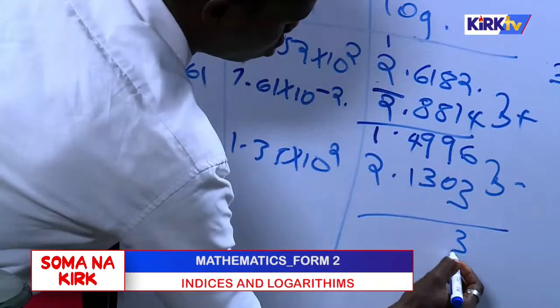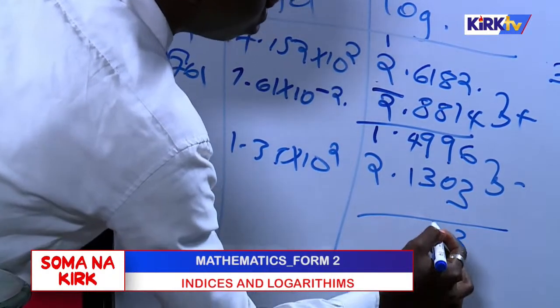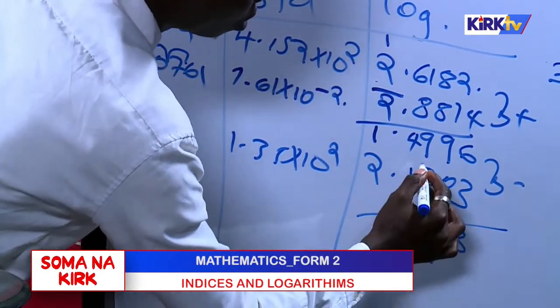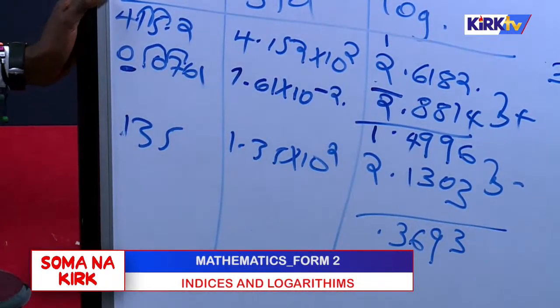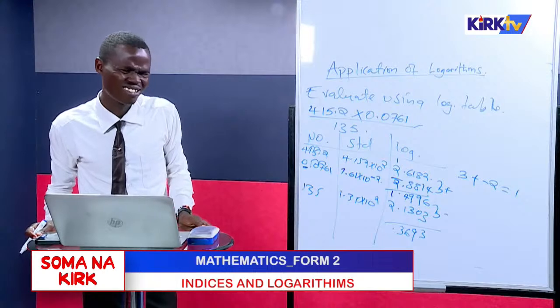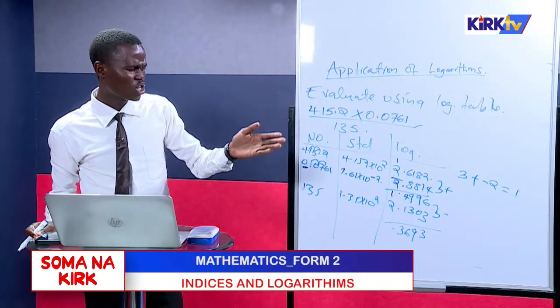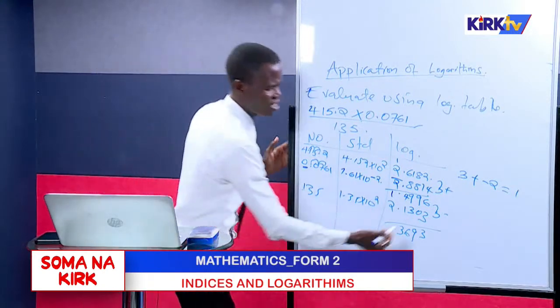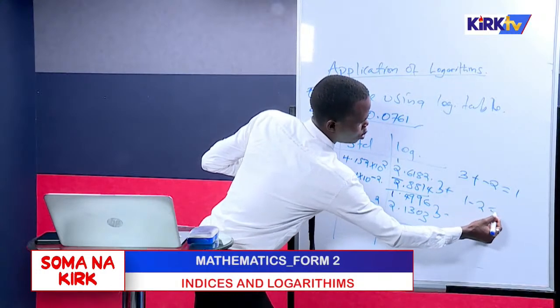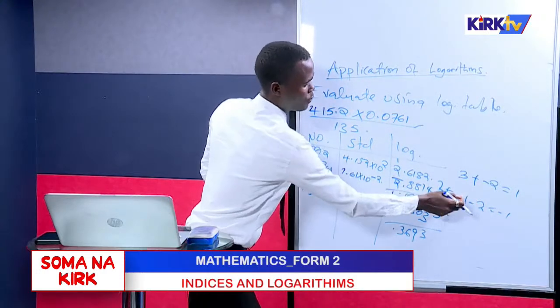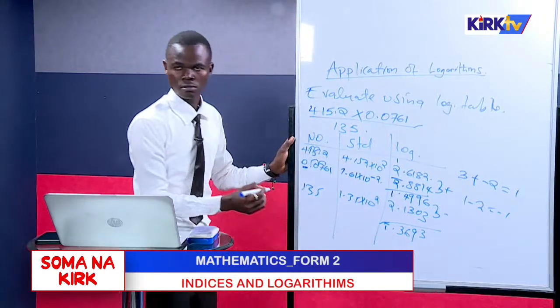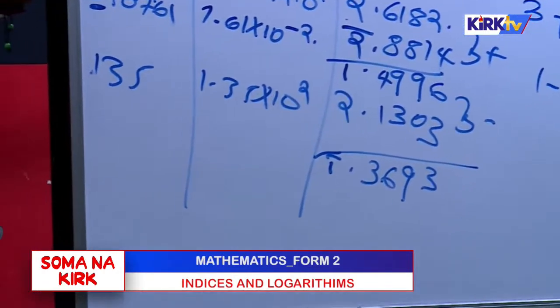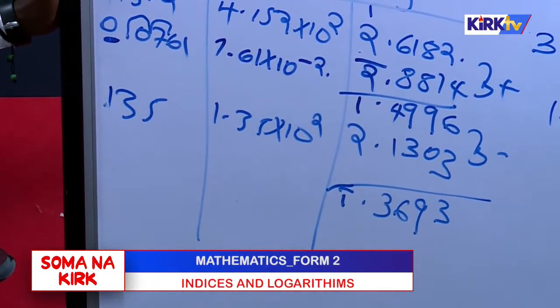It will be 3, 9, 6, 3 points. Sasa tuko hapa 1 minus 2. In normal circumstance, itakuwa negative 1. Sitakuwa 1 minus 2, which will be negative 1, because this negative is more than this. So hiyo negative inakuwa ba 1. Ba 1. The negative will be ba 1.